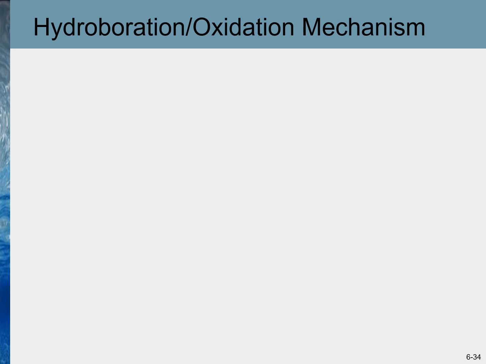We'll take an example of an alkene such as 2-methyl propene, and we know that hydroboration oxidation reaction of this alkene will generate an alcohol. So let's write the product, and then we will try to understand the mechanism.